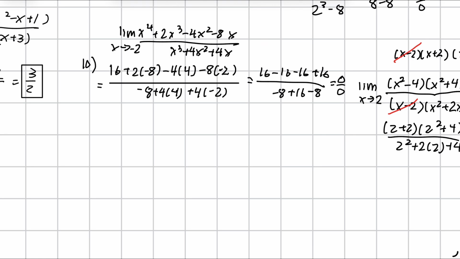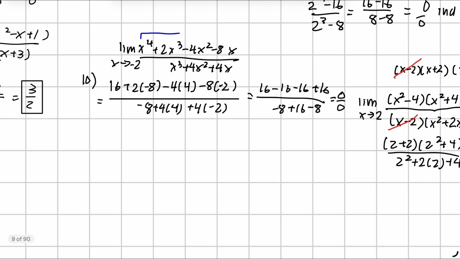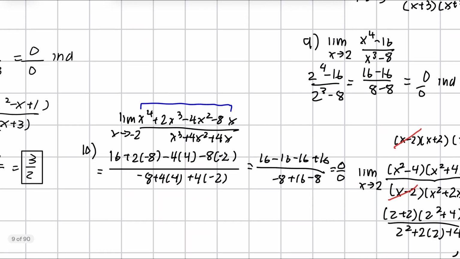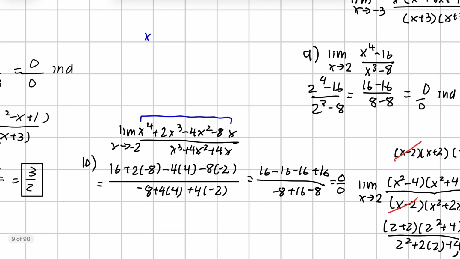Let's factor the numerator. So our numerator, we can factor this as x, taking that out. Inside we have x cubed plus 2x squared minus 4x minus 8. Now we can factor by grouping in here.